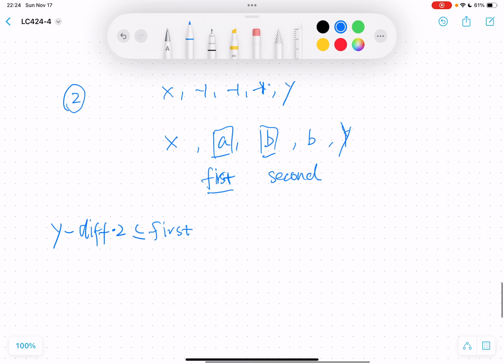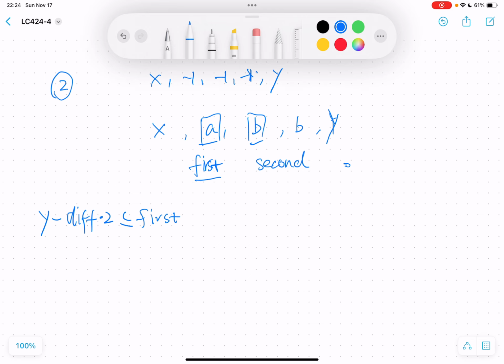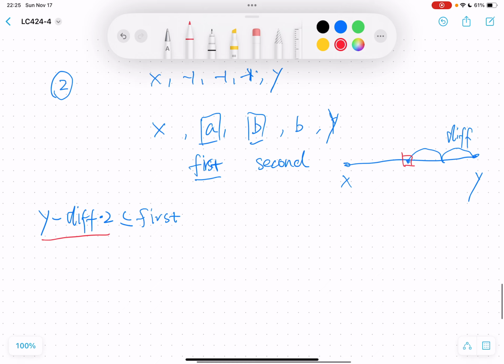That means, for example, if this is x, this is y, and this is diff, this is diff, so this value should be y minus diff multiplied by 2.